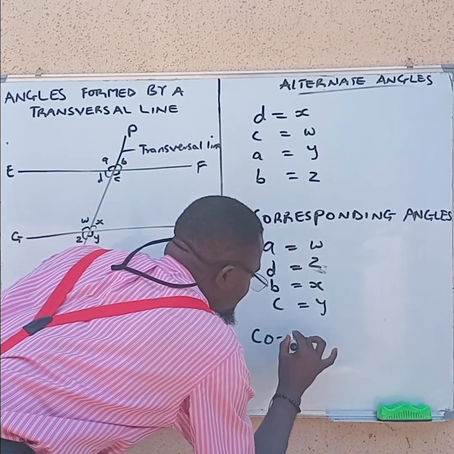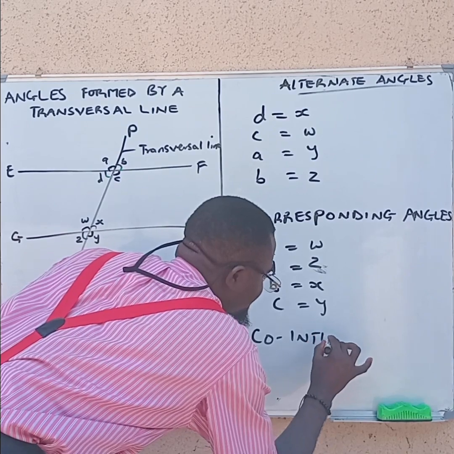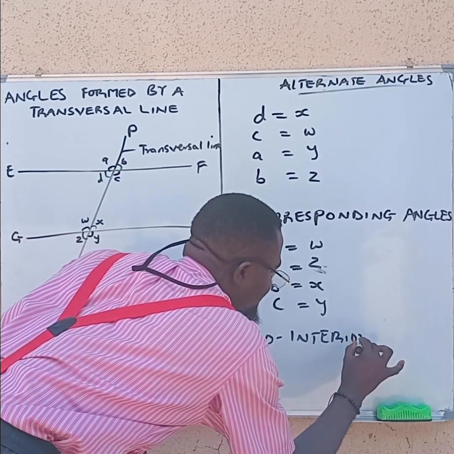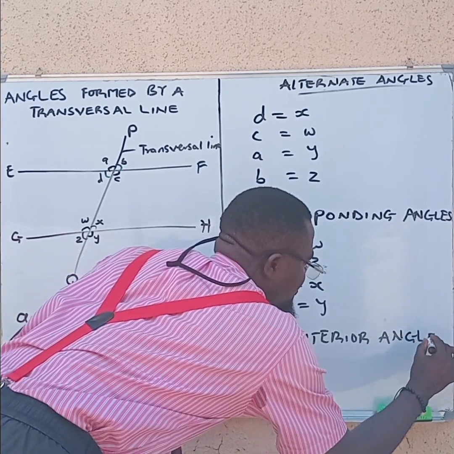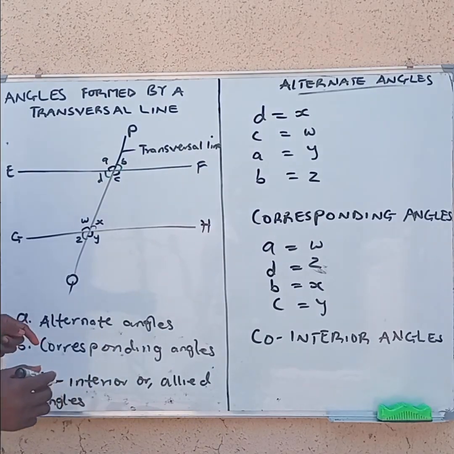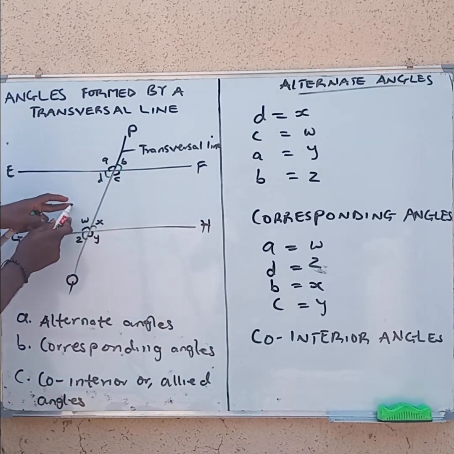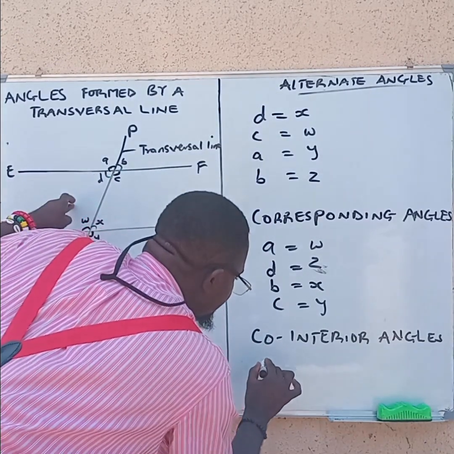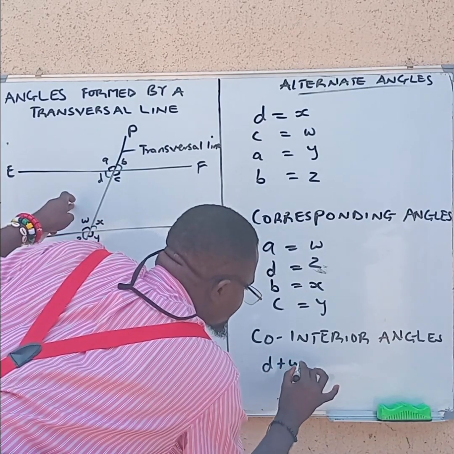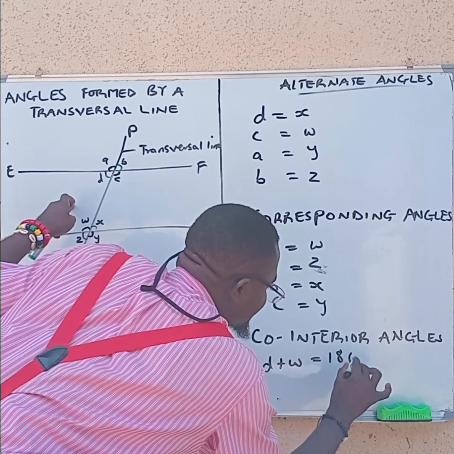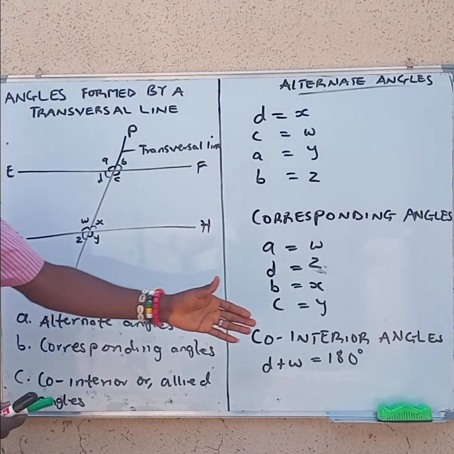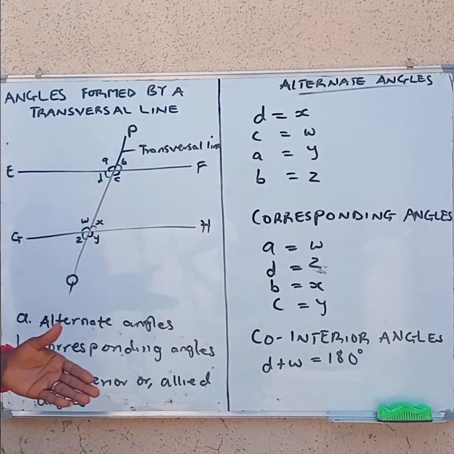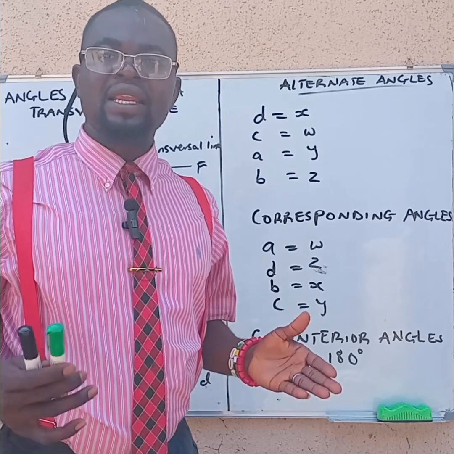Then let's check the co-interior angles. If we look at it very well, D and W, D plus W is equal to 180 degrees. The co-interior angles or allied angles sum up to 180.